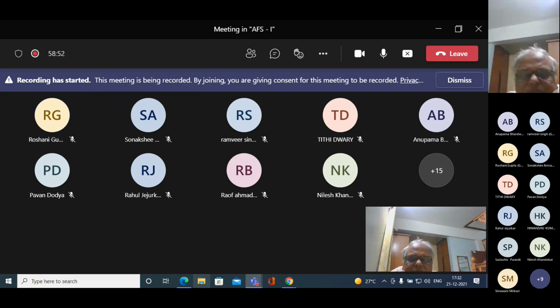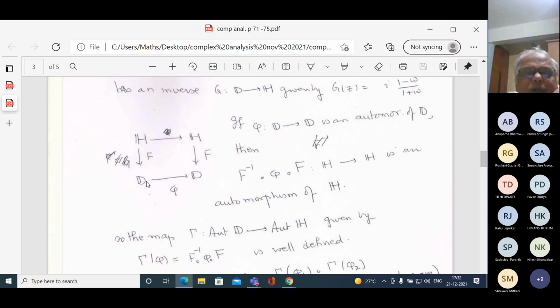So the point is that there is this very natural way of going from an automorphism downstairs to an automorphism upstairs. And this business is called conjugating by the biholomorphic function F. So there's a conjugation going on. What is conjugation? X inverse y x, that is a conjugation.